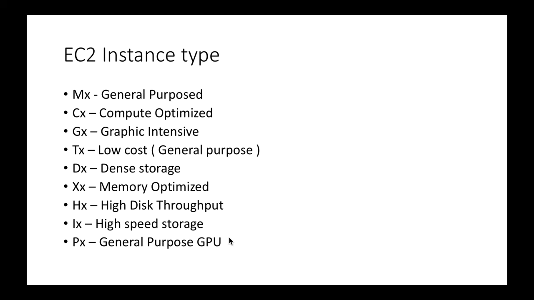If you want to store a lot of data but your latency requirement is not that critical, you can have dense storage, in a data warehouse as well as other uses, or maybe a file server. If you want to create a file server, you can have dense storage.